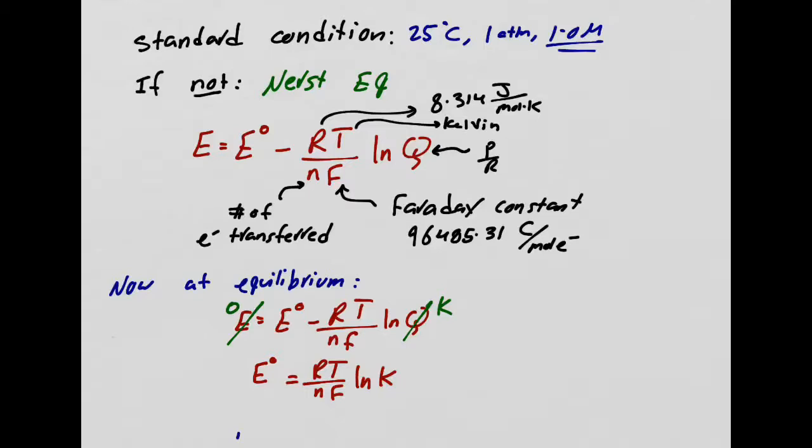There's a lot of math going on, but you guys got this down. So far so good? Alright, now the next thing to consider. I'm going to write down the Nernst equation one more time: E cell equals the standard cell potential minus RT over NF ln of Q.